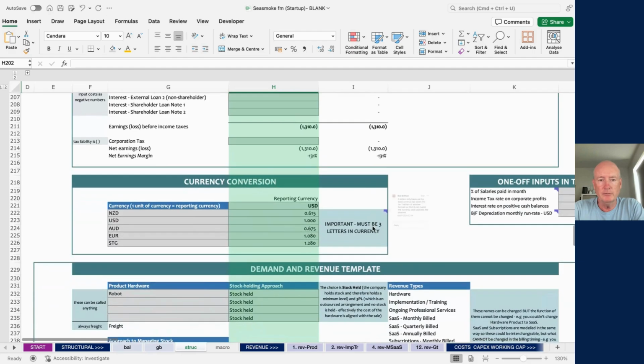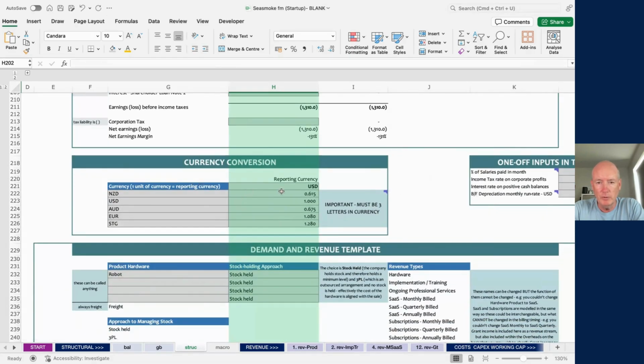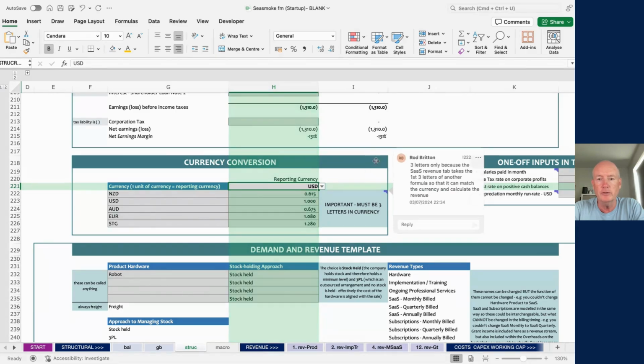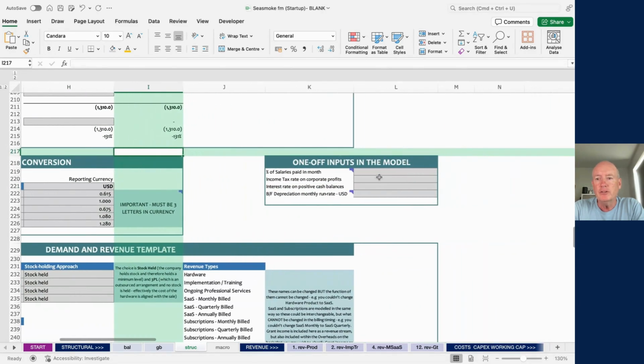Then the next thing we come down, so currency conversion, we're going to use US dollars. You could choose whatever currency, but we're going to use US dollars. Let's just flick over here.